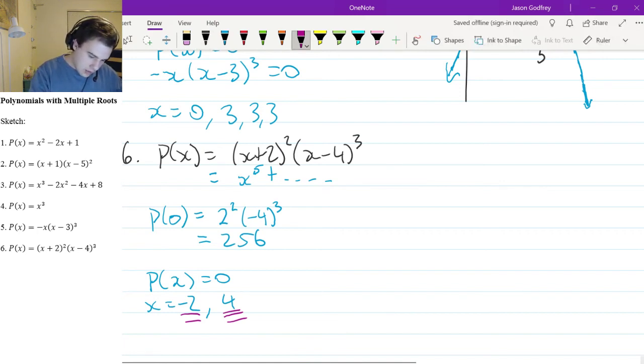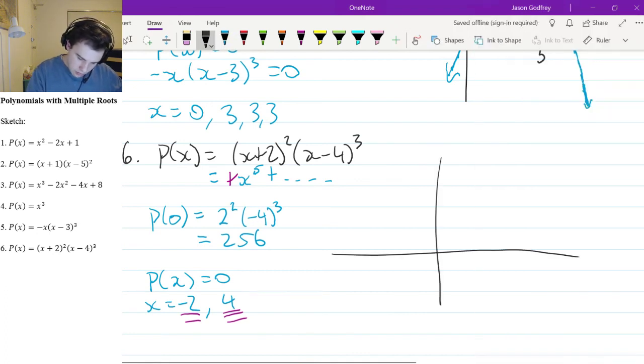Okay, and it is positive x to the 5, so that means on the right side it's going to start up the top. Okay, so we've got intercepts at negative 2 and at 4, and all the way up here, 256.